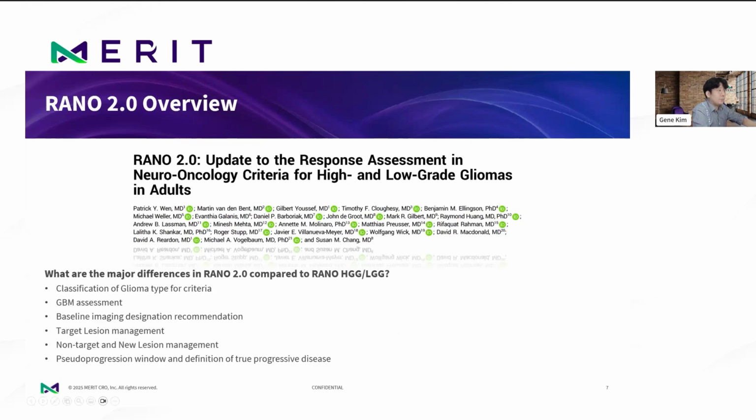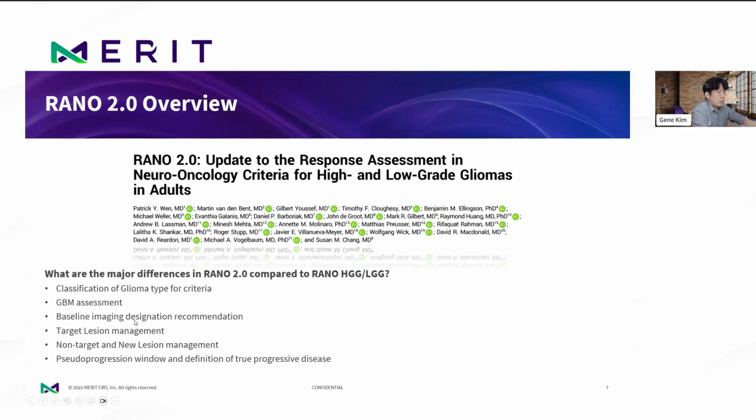Next slide. So what are the major differences in RANO 2.0 compared to the high grade and the low grade versions? The major update is that the classification of the glioma type, for which criteria to be used based upon the grade, is now more specified as radiographic features. Also, they have specific updates in the glioblastoma assessment.